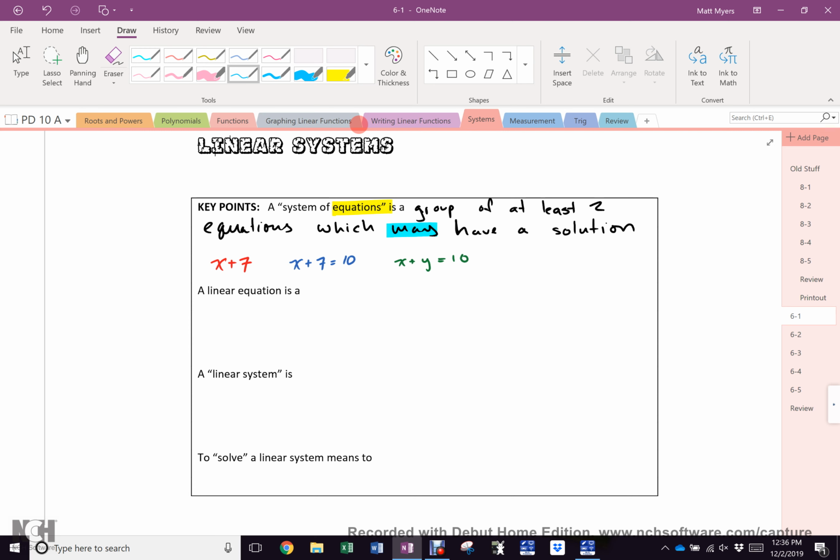Oh, okay. A linear equation is an equation which graphs as what? As a straight line with what? What is special about it?